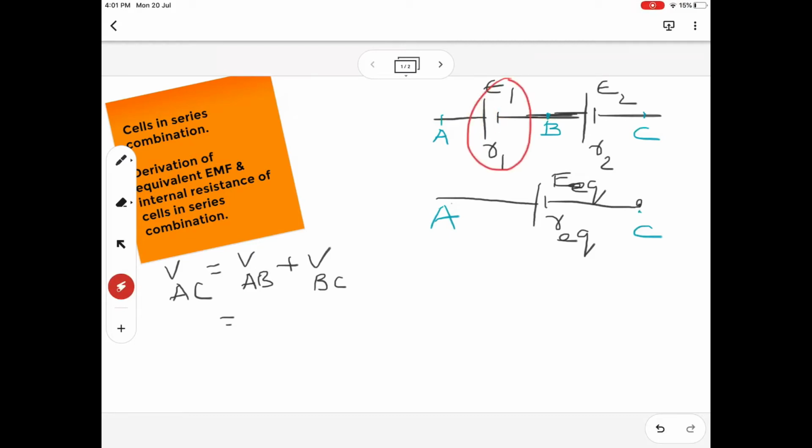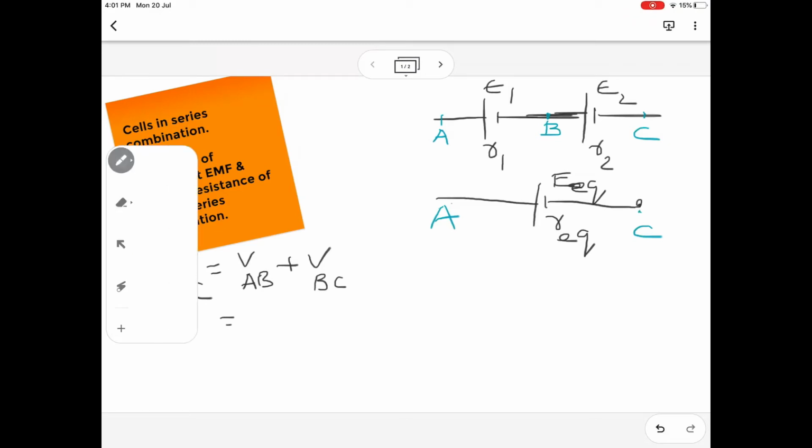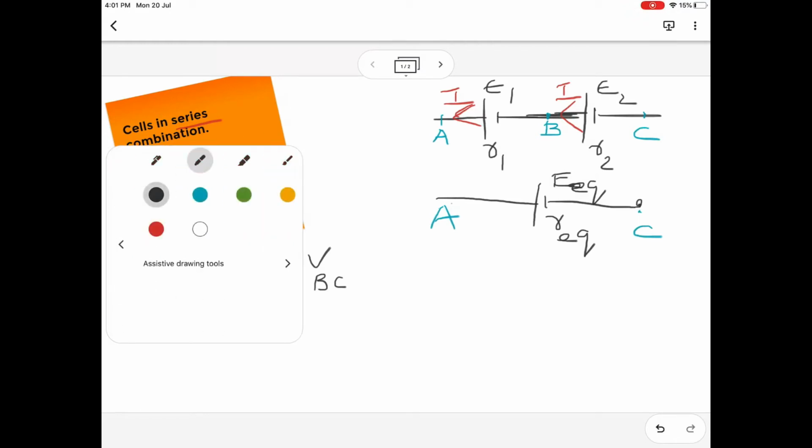Let I be the current which comes out of both the cells in series combination. I is the current common to both cells, E1 and E2, as they are in series combination.